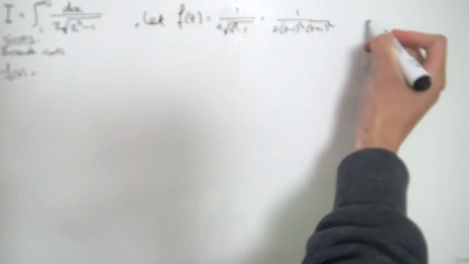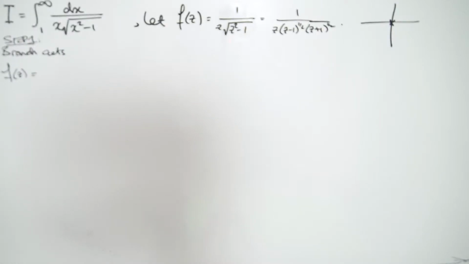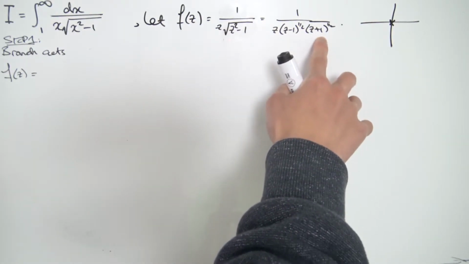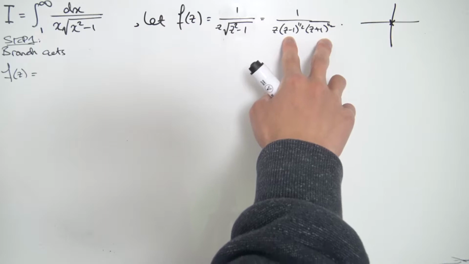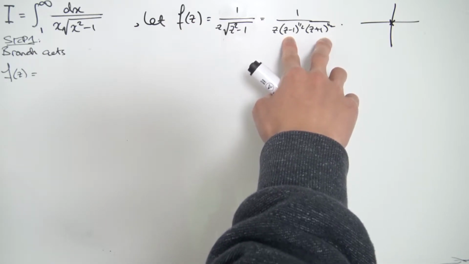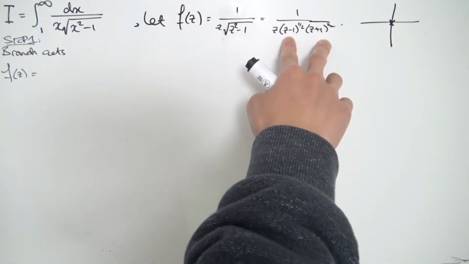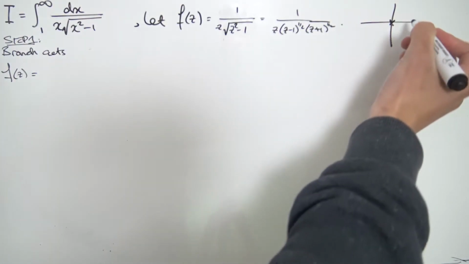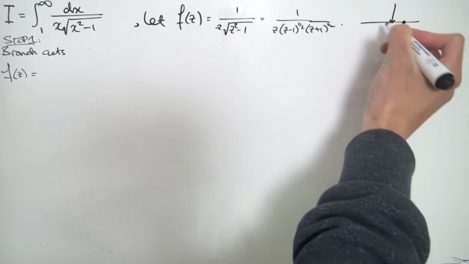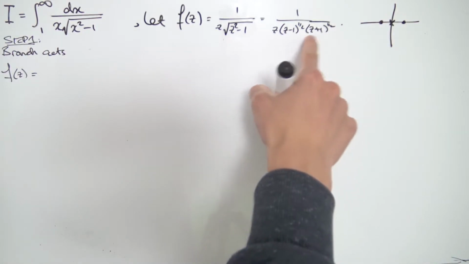So if I draw a rough diagram over here, we have a pole at 0, that I'll mark with an x, and we have z minus 1 and z plus 1. Those are going to be branch points at z equals 1 and z equals minus 1 respectively.